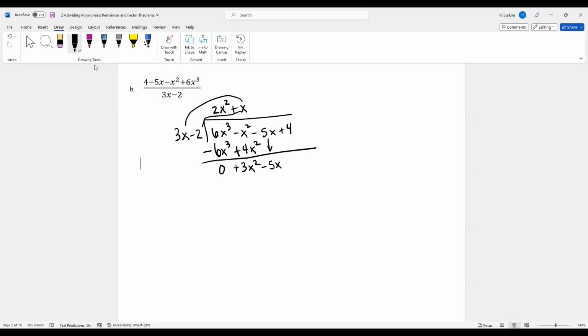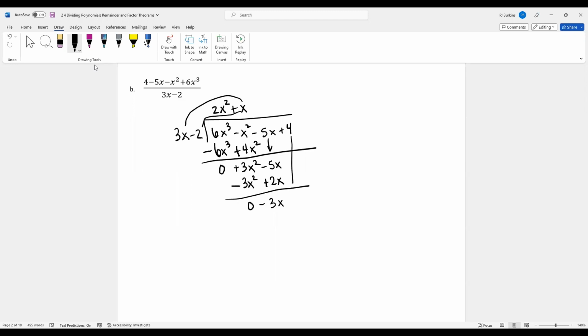So 3x times x is 3x squared. Negative 2 times x is minus 2x. Make sure to change the sign of everything. So this is minus, plus. Then add down the columns. So 3x squared minus 3x squared is 0. That's great. That's what we intend. Minus 5x plus 2x, that's minus 3x.